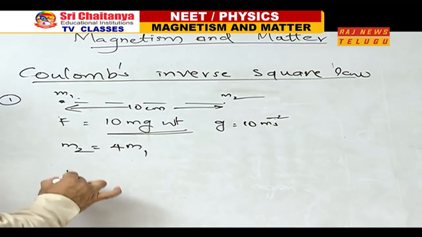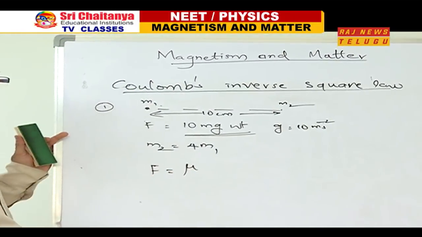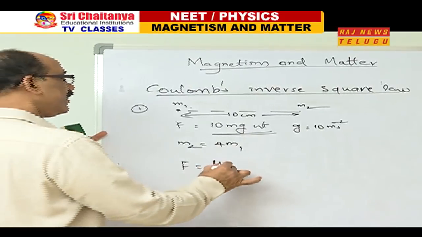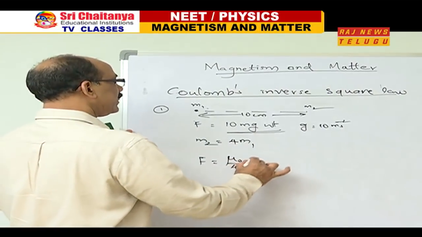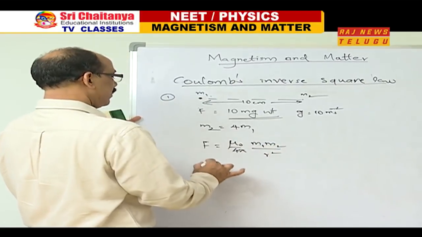We know from Coulomb's inverse square law, if the two magnetic poles are separated in air, F is equal to mu naught by 4 pi, m1 m2 by r square.